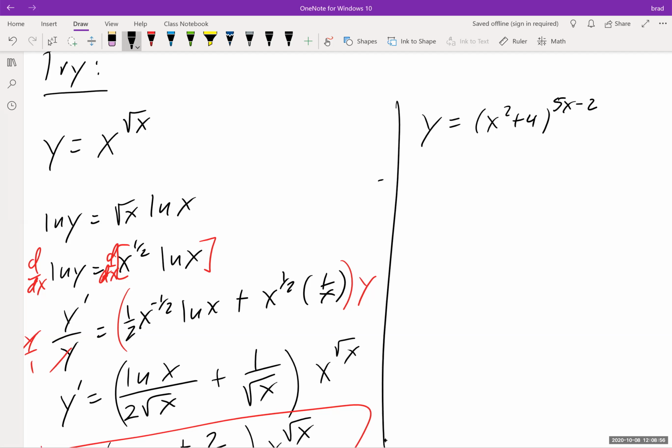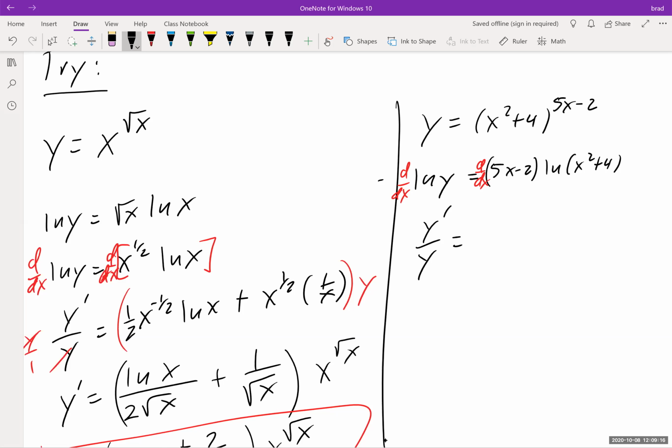Okay, so hopefully now you're getting the flow of this, so I'm going to jump ahead on this one. Ln of y equals 5x minus 2 times the ln of x squared plus 4. Then we take d/dx, and this becomes y prime over y.